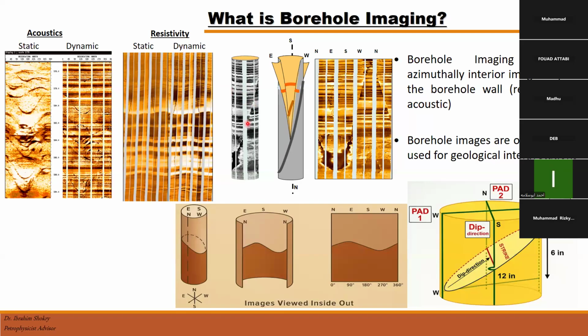Then we can unroll or open this image to be applicable for picking some features. So we unroll this image from the north direction, going in a clockwise direction from north, east, south, west.